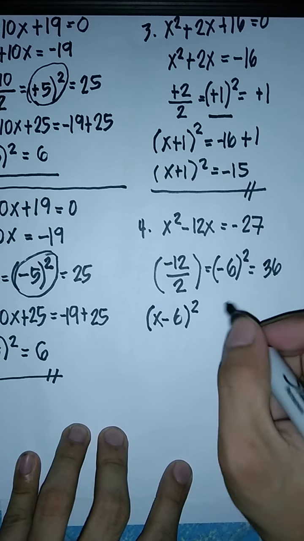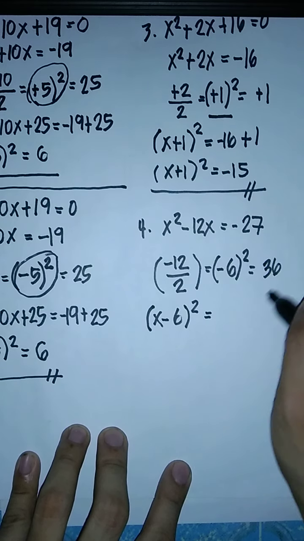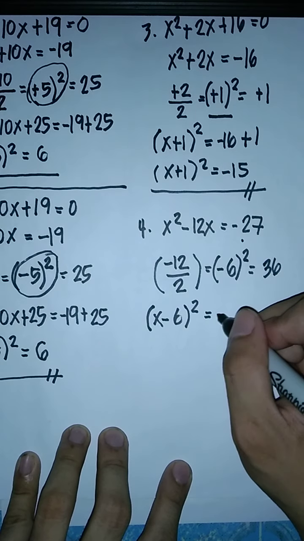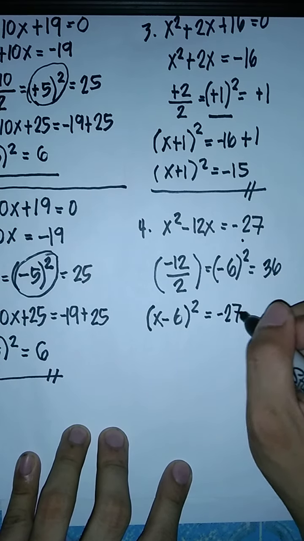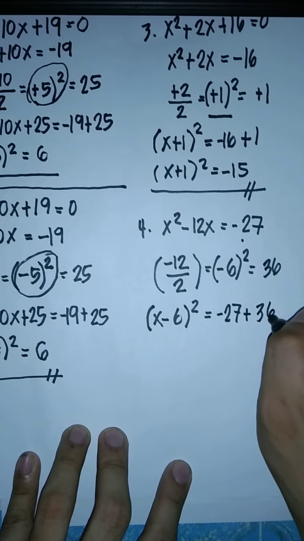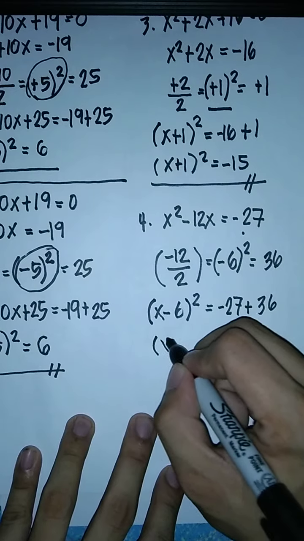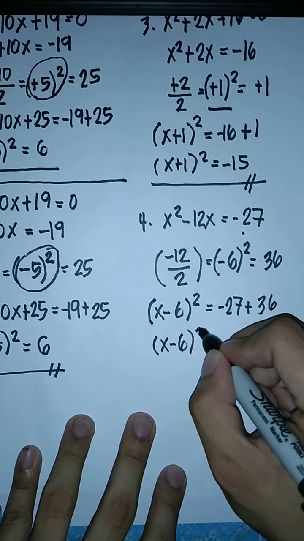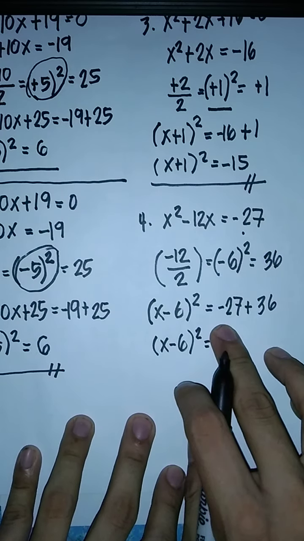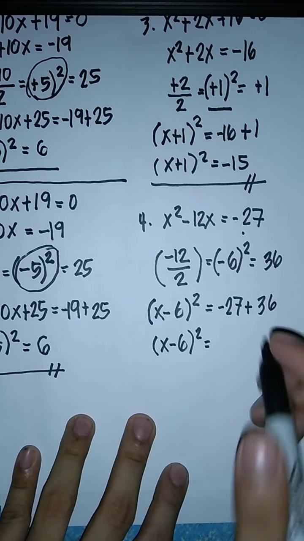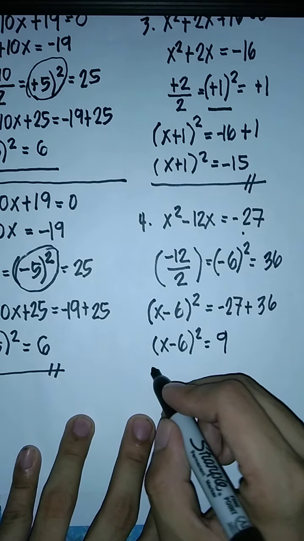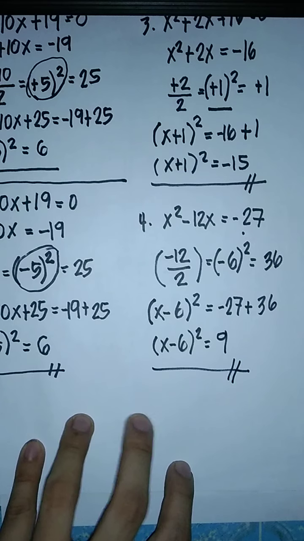That is the shortcut. And then we will have negative 27 plus 36. Okay. Simplifying that, we have x minus 6 squared is equal to negative 27 plus 36. That is equal to 9. And that is our completed square.